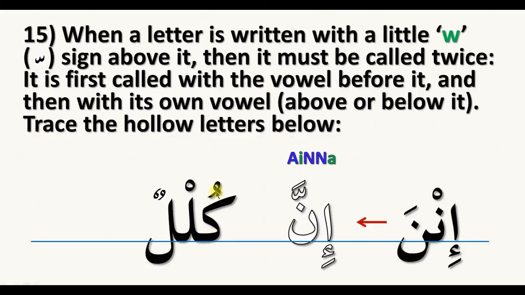Here you have K-U-L, kul, L-U-N, lun, kullun. But here you have two L's. So let us do it similar to this construction. So here you have the little W sign above the L. Therefore, the L must be pronounced twice. So to spell and pronounce, we say K-U-L, kul, L-U-N, lun, kullun.